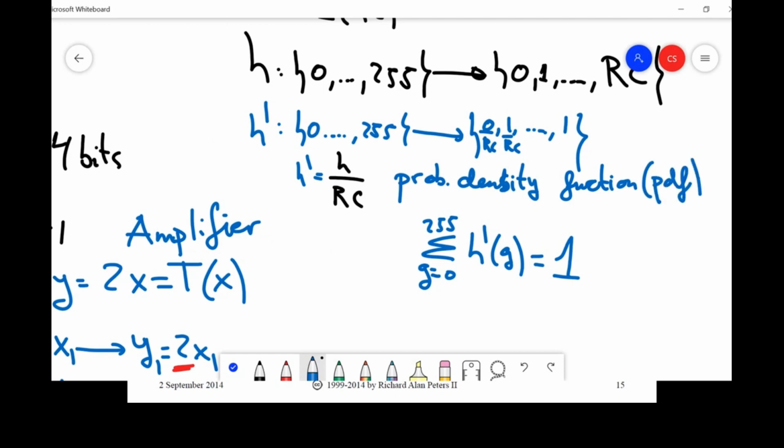And this is something you are familiar with. Can you tell me a PDF, a very famous PDF? You're familiar with PDFs of discrete random variables. Tell me one. Binomial. The binomial is one. Even simpler than that.